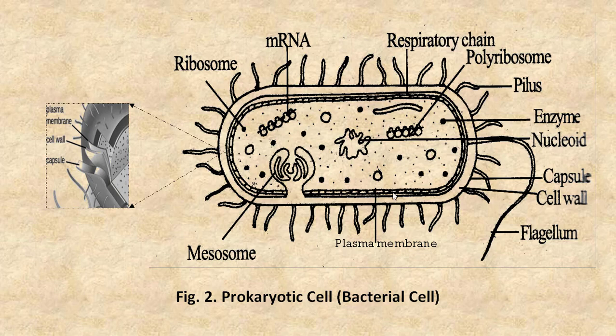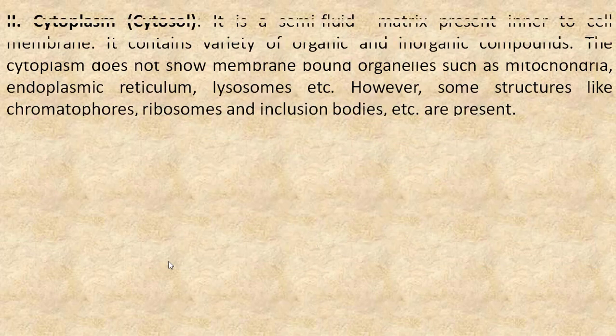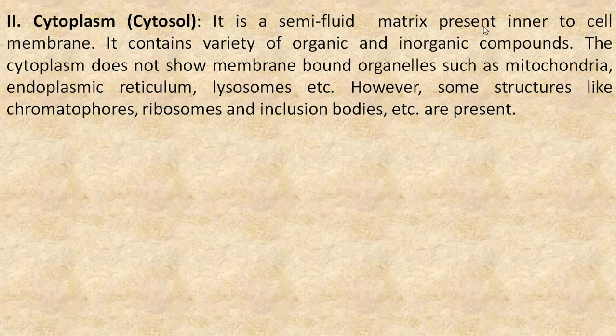The cell membrane is enclosing a semi-fluid matrix called cytoplasm consisting of various organic and inorganic substances and a nucleoid region, which we will see in detail. Cytoplasm. It is a semi-fluid matrix present inner to cell membrane.